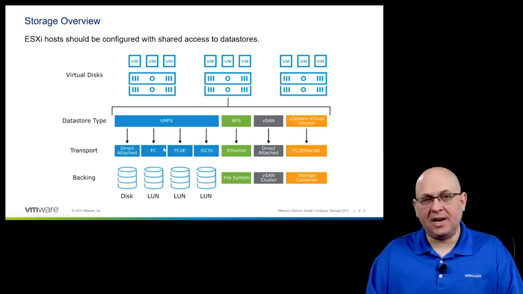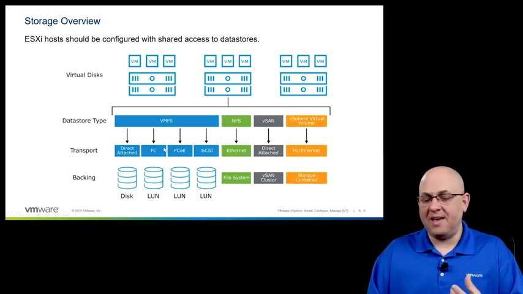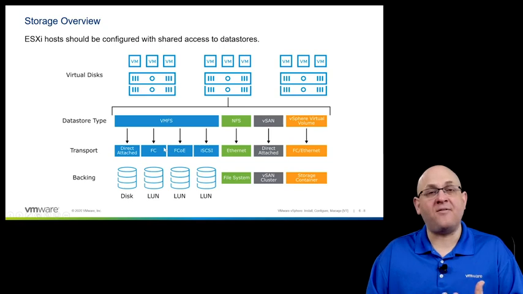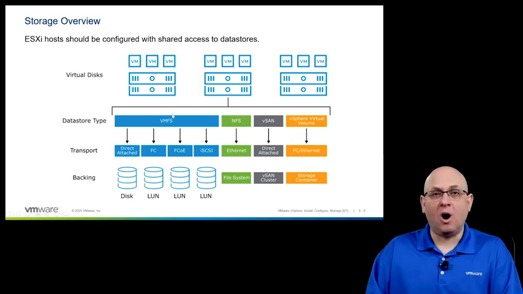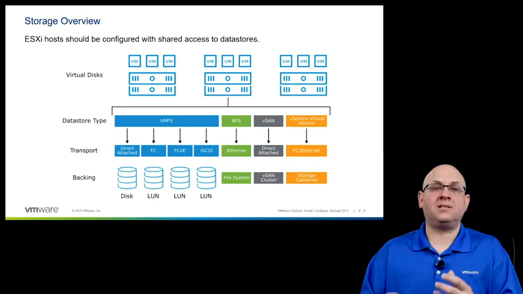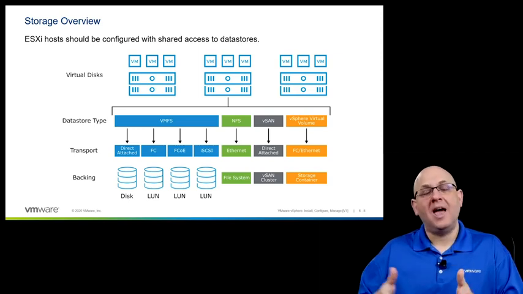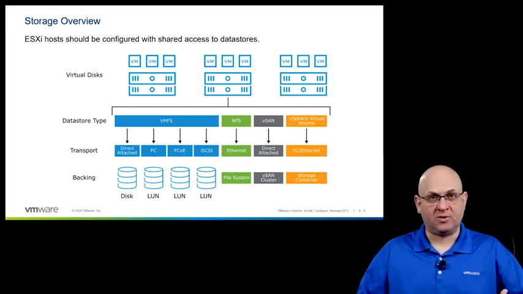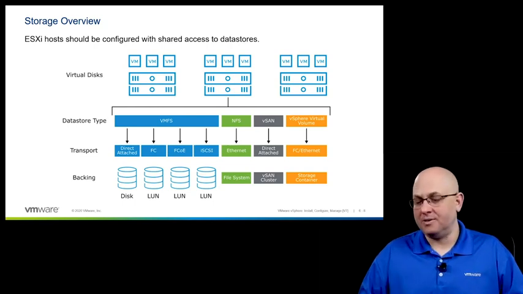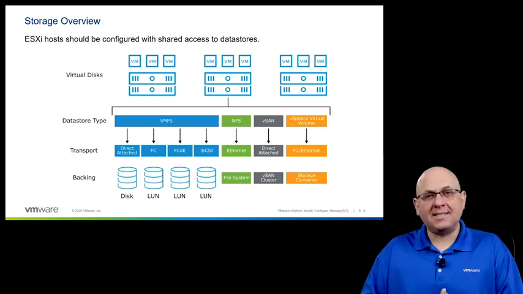Now, when we have fiber channel for VMFS, we're going to access it over a fiber channel network, so a SAN, for example. We also have what we call fiber channel over Ethernet, which combines special hardware to access both fiber channel and our Ethernet networks over the same set of infrastructure, the same switches and the same cables. And finally, we have iSCSI.